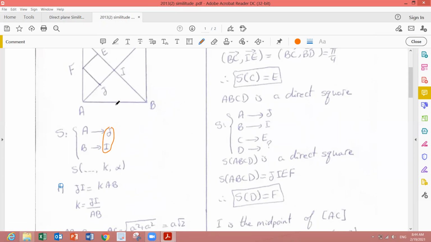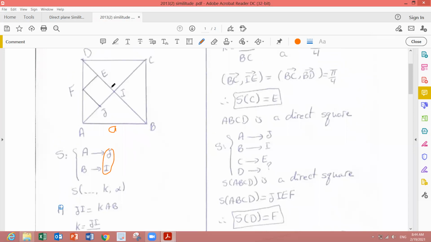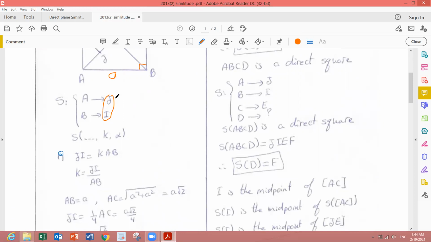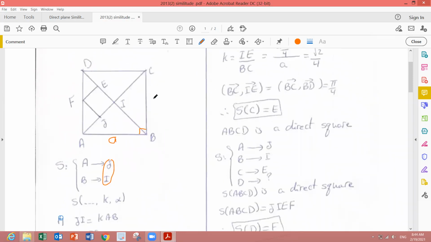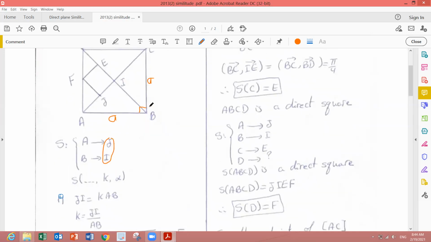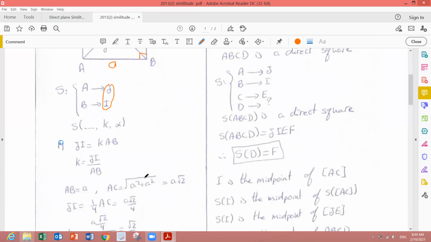So if I call AB equal to A, it is a square of side A. To calculate IJ, we first calculate the length of AC. Pythagoras in triangle ABC: AC squared equals AB squared plus BC squared. So AC squared equals A squared plus A squared, AC equals radical 2 A squared, equals A radical 2.